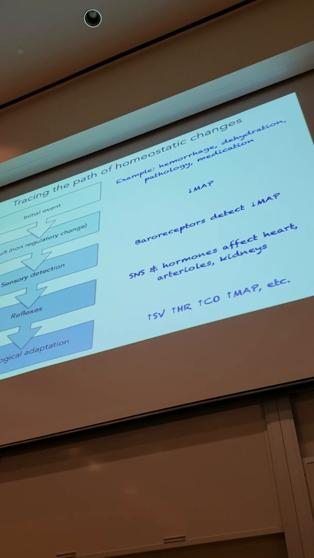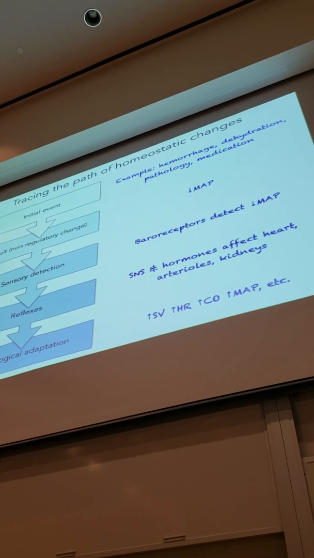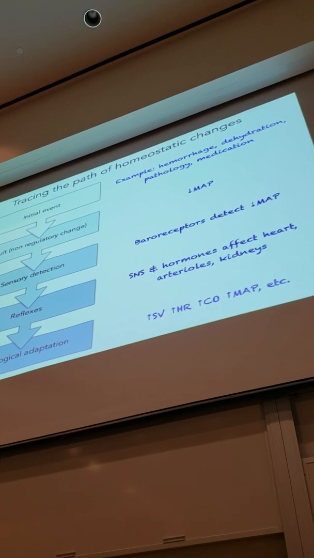Now, this is not exhaustive, so don't take this as an exhaustive list of all the things that can happen with hemorrhage or dehydration; these are just examples. But we're going to use this framework on the left to make sure that we have our causal chain of events ordered properly, okay? Because it can get a little confusing.